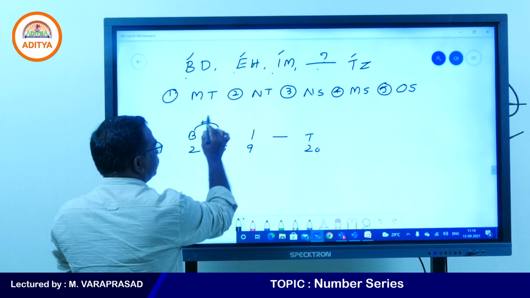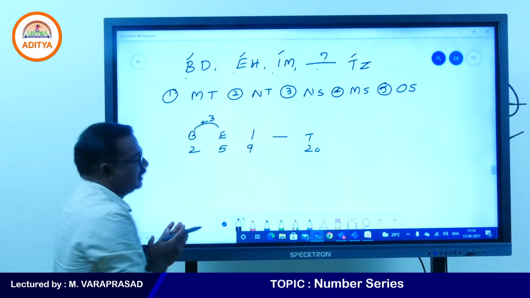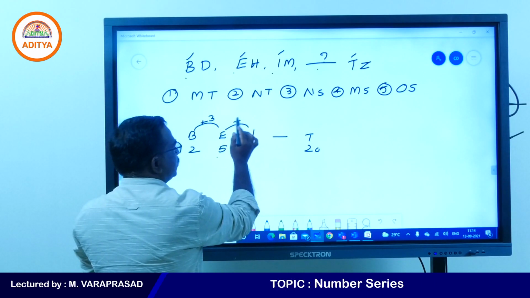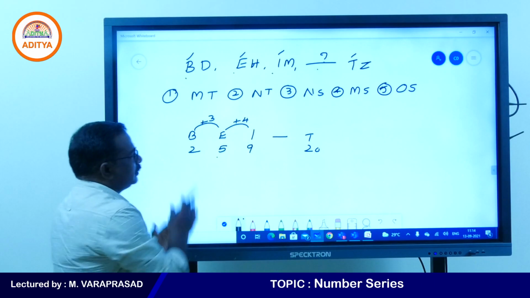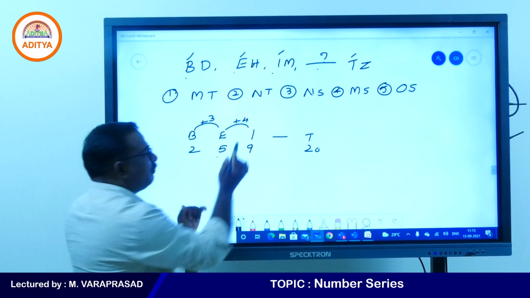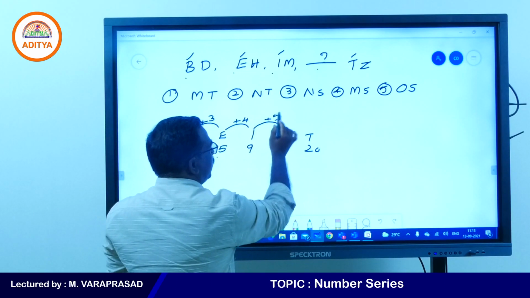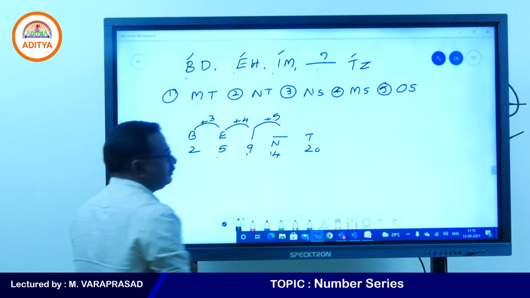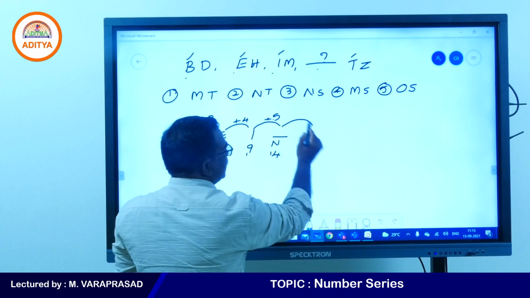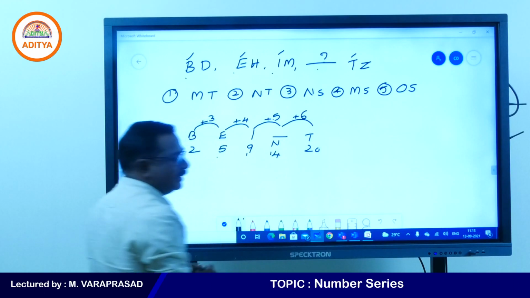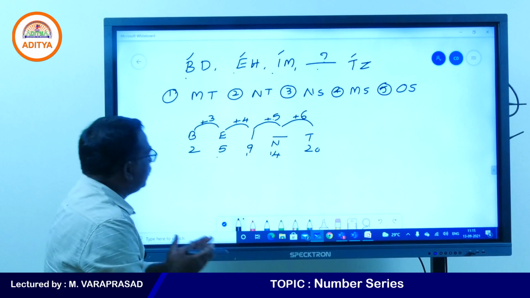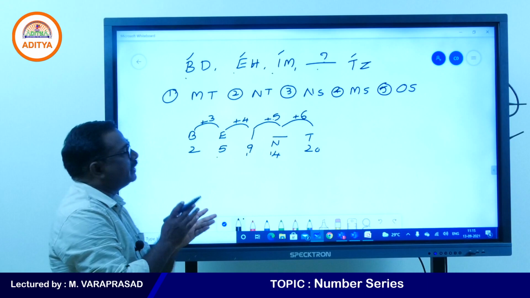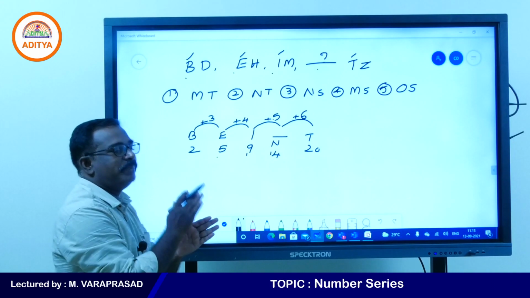Plus 3: 2 plus 3 is 5, 5 plus 4 is 9. So plus 3, plus 4, if you take plus 5, what you will get? 9 plus 5 is 14, which means N. So 14 plus 6 is 20. So the first letters are going on in the series of plus 3, plus 4, plus 5 and plus 6.